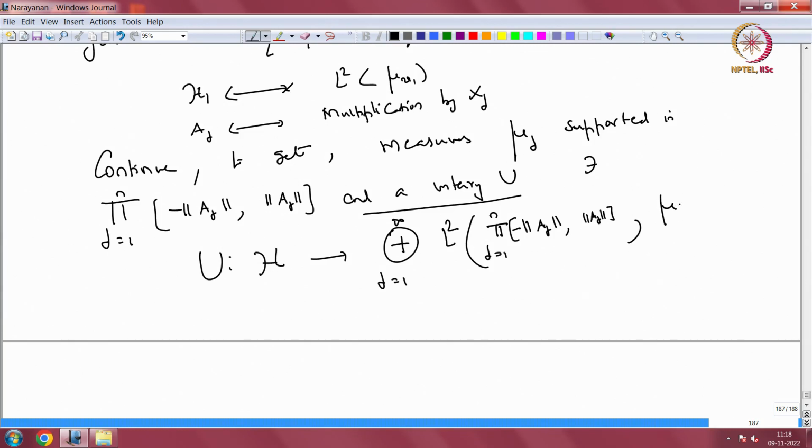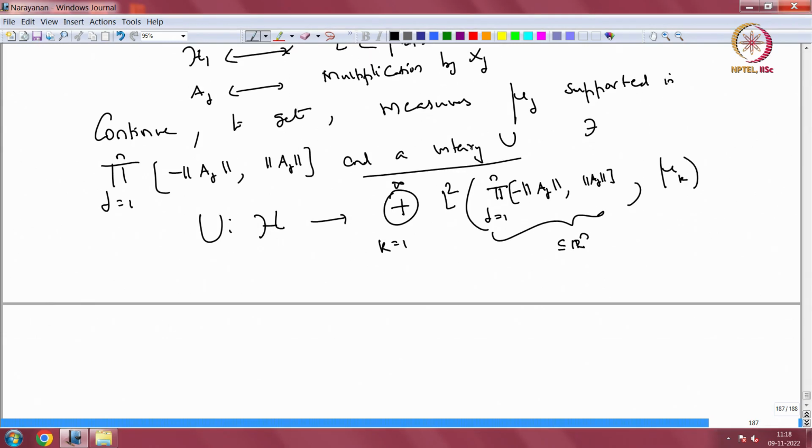Maybe I should write k there because j is already used. So, let us say mu k. Okay. So, this is the space, and this is sitting inside Rn, remember that. So, we have some subset of Rn and these measures mu k supported there such that there is a unitary which identifies our Hilbert space with the direct sum of L2 and the operators Aj become multiplication by xj.